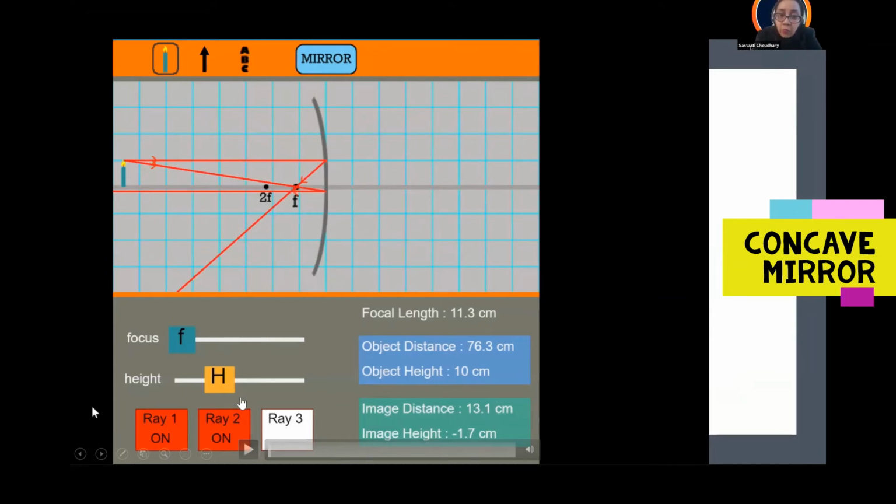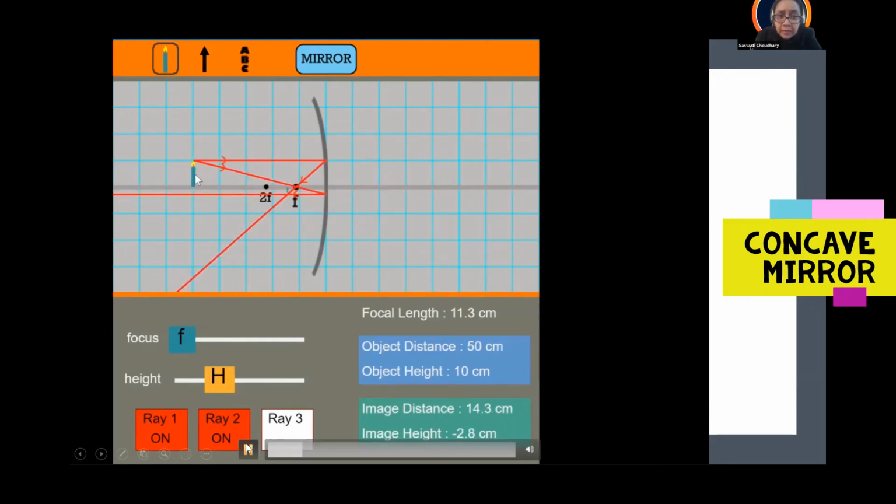Okay. Now what happens if you slowly move the object towards the center of curvature? Let's see what happens when you drag a little bit towards the center of curvature, or the 2F. We also call it the center of curvature.